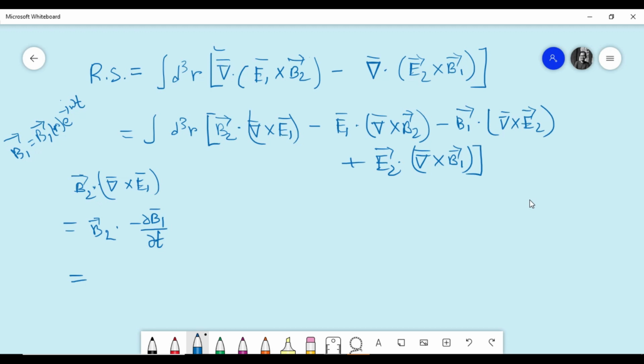there's a harmonic time dependence. So this term would be just I omega beta 2, sorry, beta 1. So let's just write the dot product here.